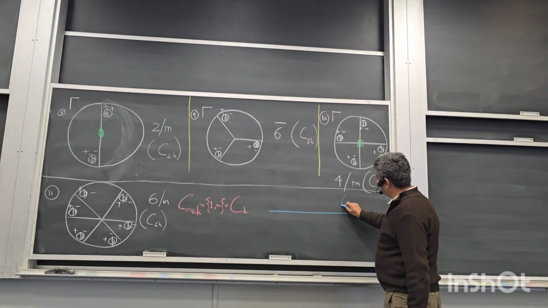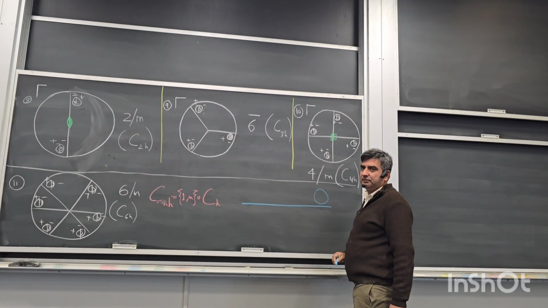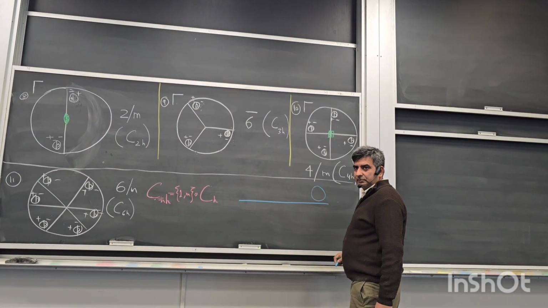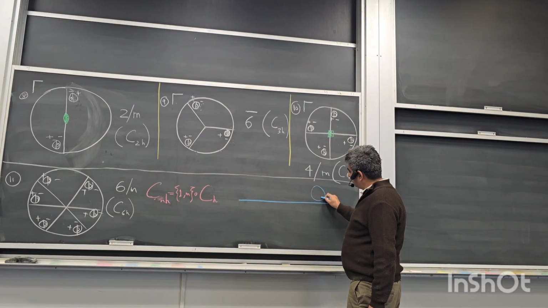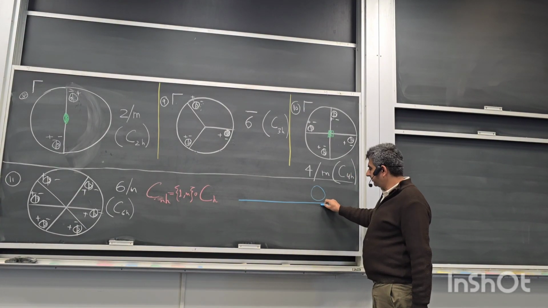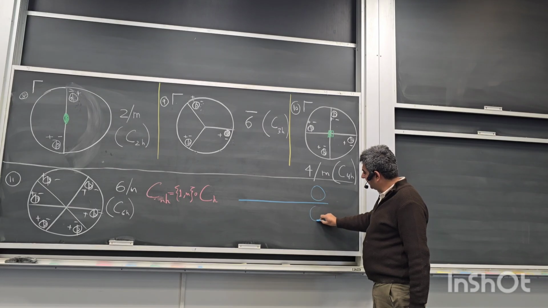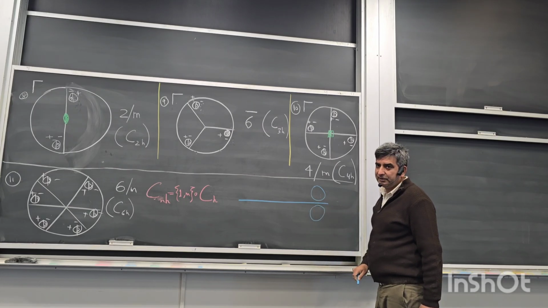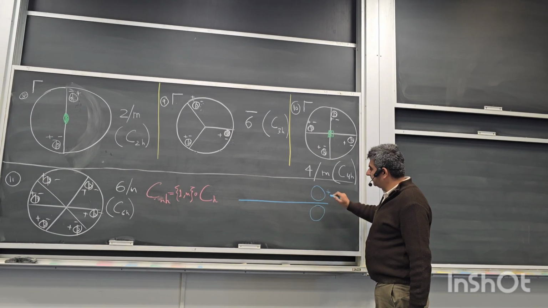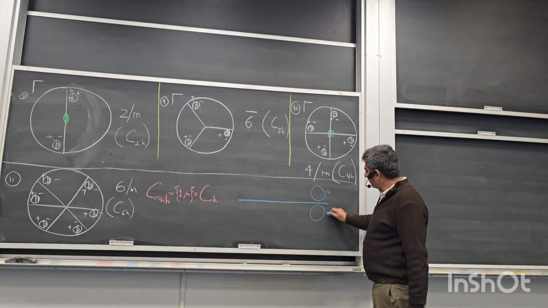I have an object here above the mirror plane. When I take the image in the mirror plane, I get the same object here, a reflection. This is above, this is below, so I put a plus sign here and a minus sign here. This has to be the diagonal of this, so I put a comma in here.